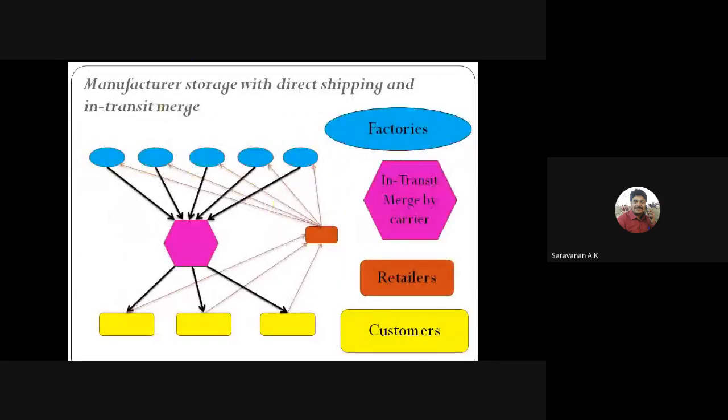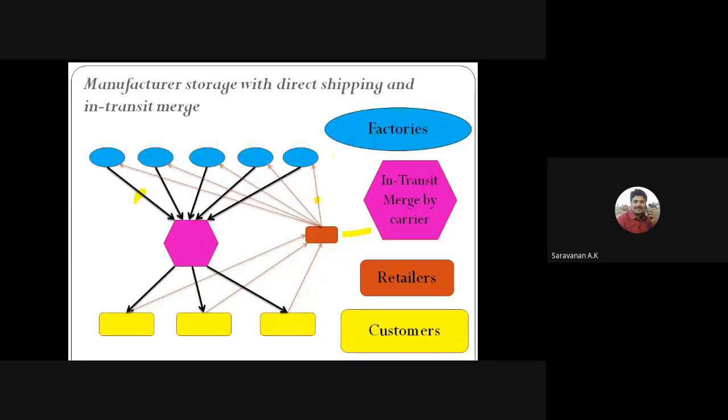This type of arrow indicates the product flow, and this type of arrow indicates the information flow. The customers order through the retailers, and the retailers communicate the customers' orders to the factories.